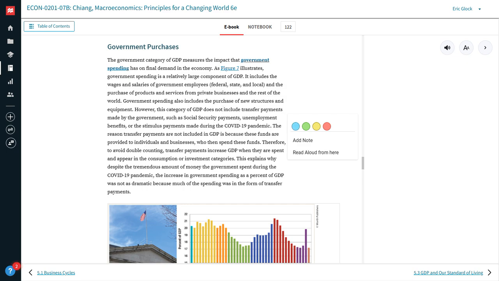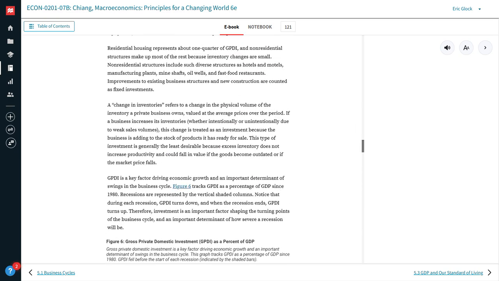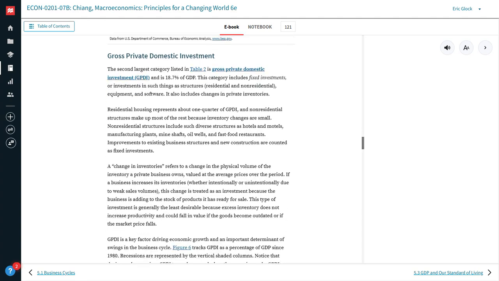This is when government buys stuff, like the Pentagon buys tanks. That's government purchases. If government buys cars for its employees to drive, that's government purchases. So that's government buying stuff. So super easy.